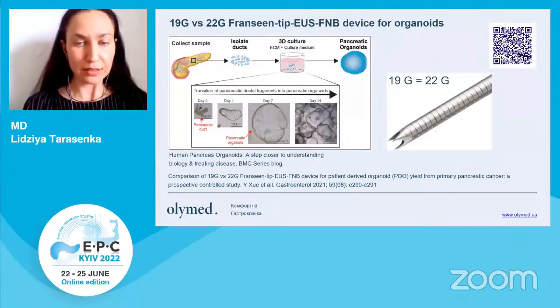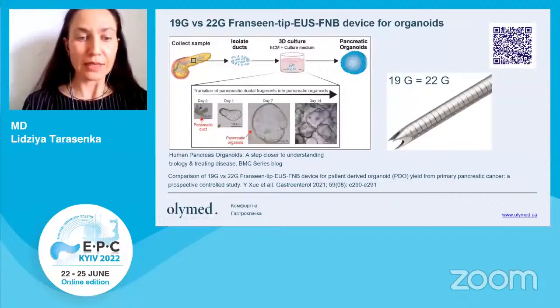And in all of these cases, Franseen tip or fork tip needles were used, like this, for example. This also suggests that it might be more prudent to use such needles because at least it decreases the number of passes needed.